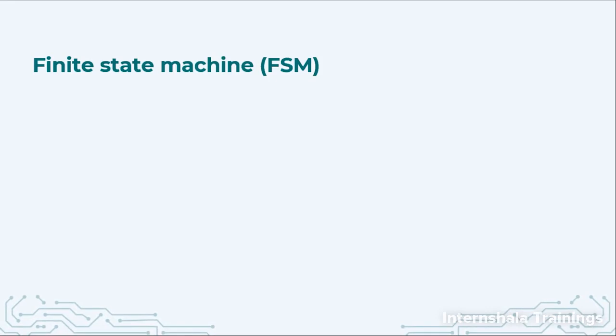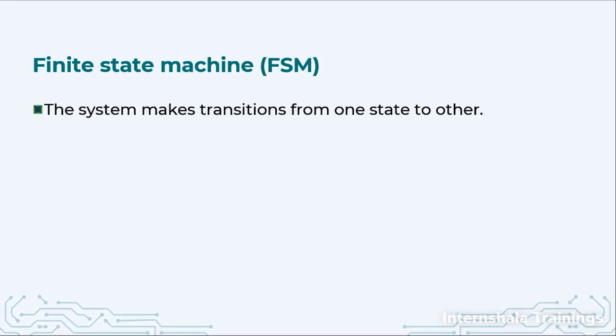A finite state machine is made using different states. As we discussed, states will make the transition from one state to another. We described that when we take input, we process it based on our algorithm. We go through different steps.